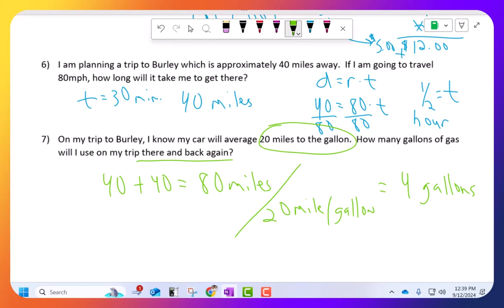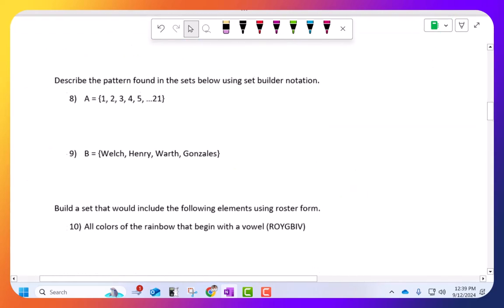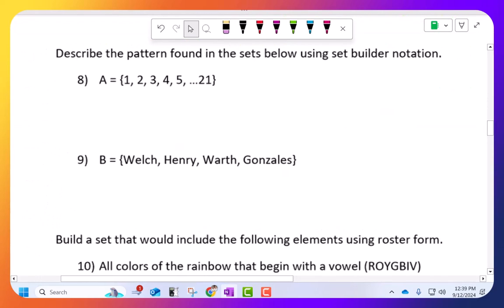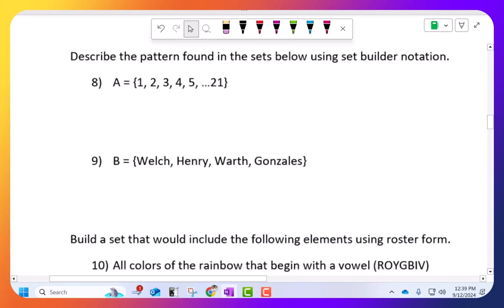So this next problem, on number 8, it says describe the pattern found in the sets below using set builder notation. So I've got my set A is equal to 1, 2, 3, 4, 5, all the way to 21. So notice set builder notation.